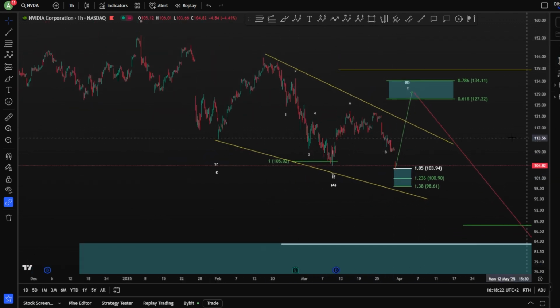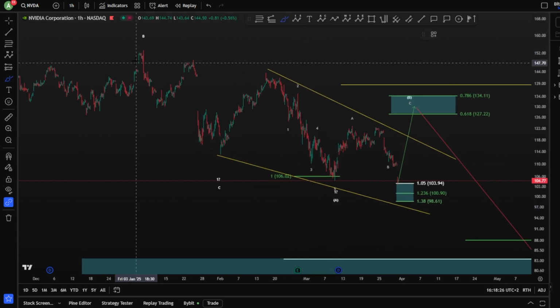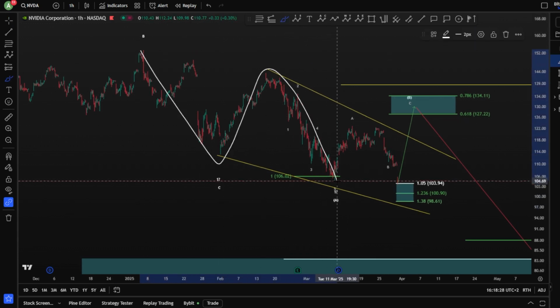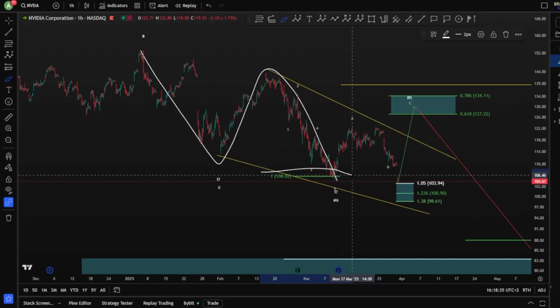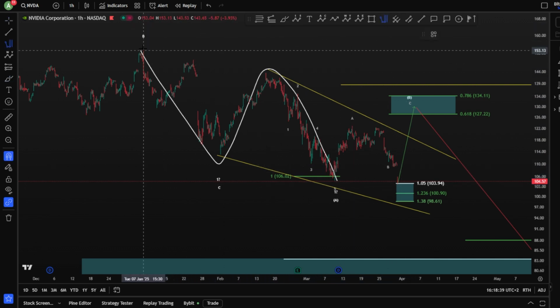Why I give this a high possibility, maybe not the highest, but a high possibility, is because of this structure. The perfection of this zigzag structure here at the 1-to-1 fib level and also at the 1-to-1 fib time.